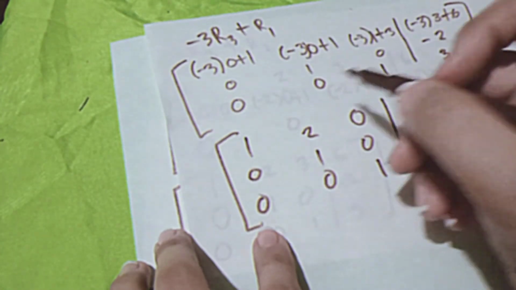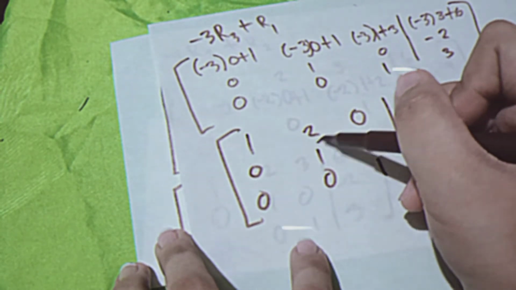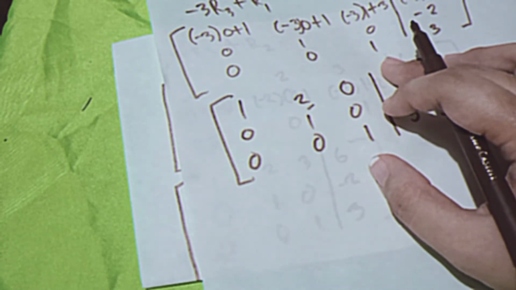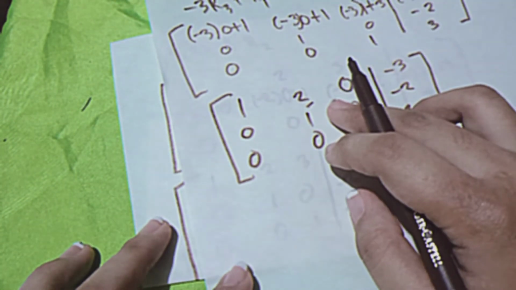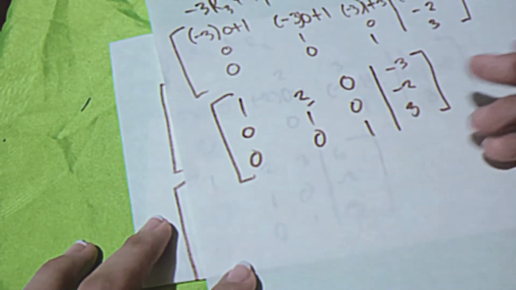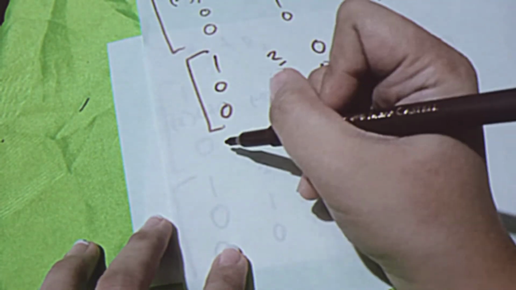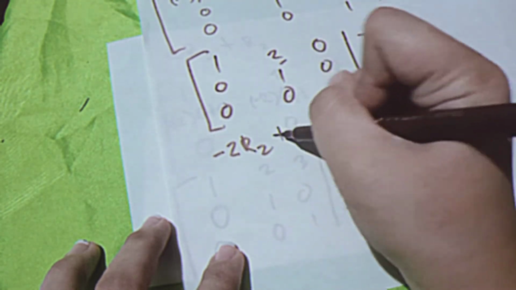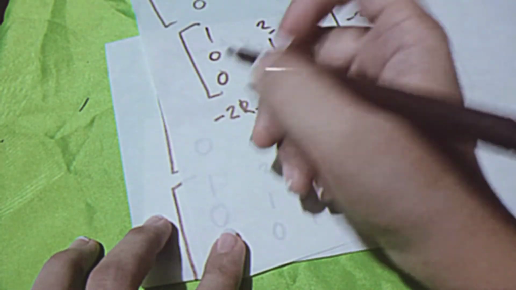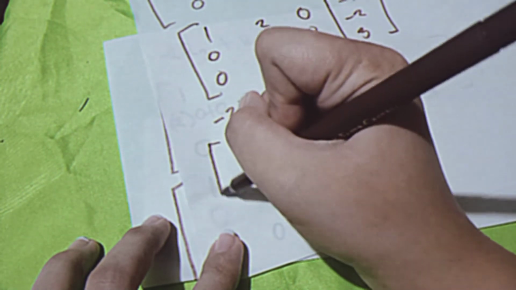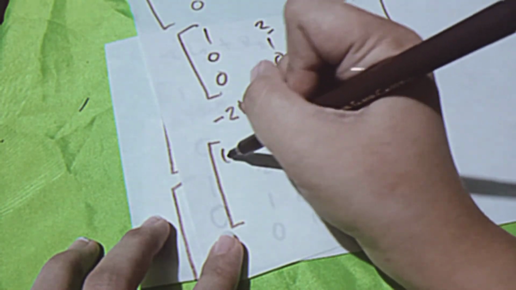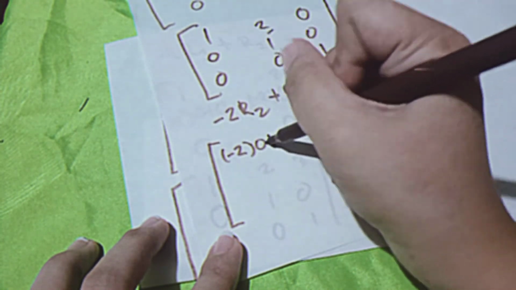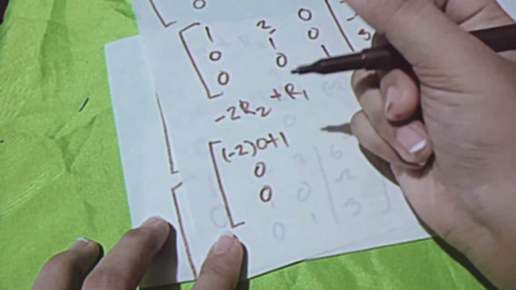So, ito na lang ang natitira. Then, gagawin natin siyang 0. Then, finally, we add negative 2 times the second row to the first row. So, negative 2 row 2 plus row 1. Then, negative 2 times 0 plus 1, 0, 0.